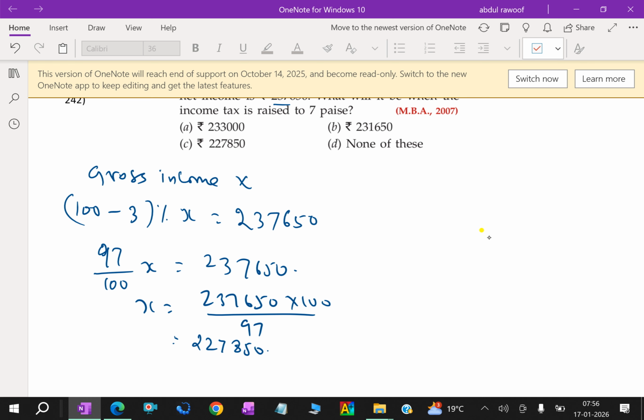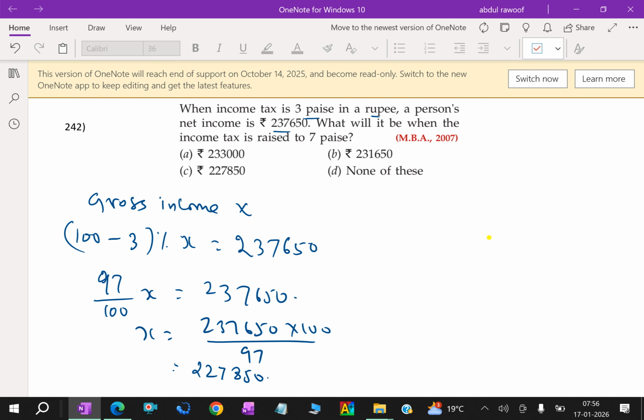By this calculation, we got x. But what will it be when the income tax is raised to 7 paisa?